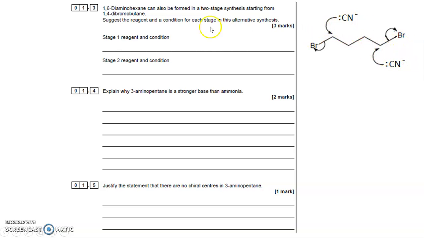Cyanide ions can lengthen the chain from butane to hexane, and I'm going to need 2 of them to replace the 2 Brs, and therefore it forms this compound here. 1 carbon, 2, 3, 4, 5, 6. It's going to form nitriles. And so I'm going to need cyanide ions.